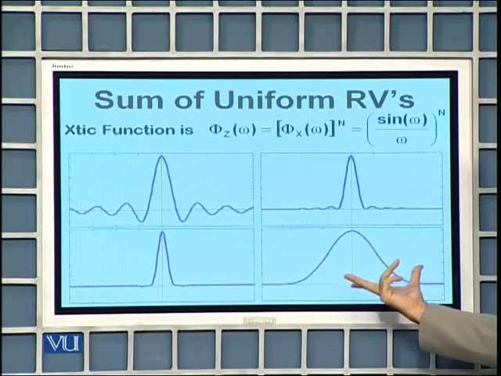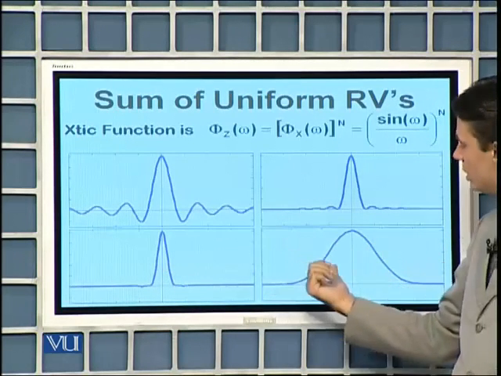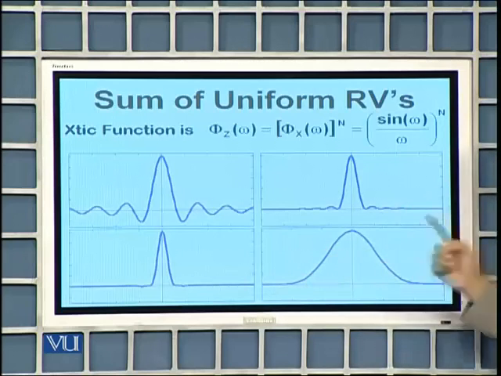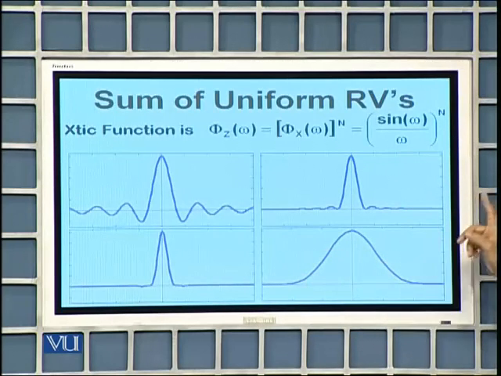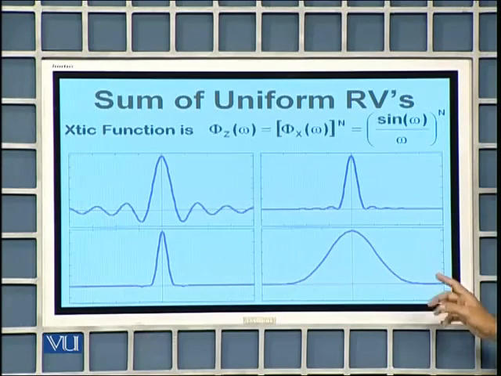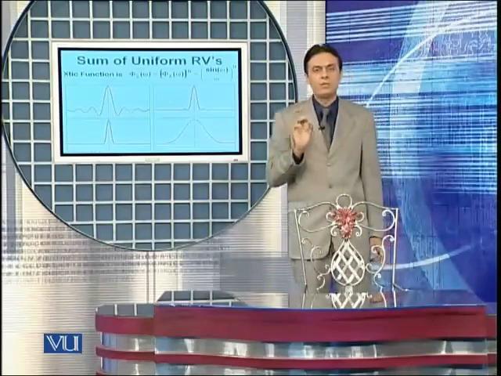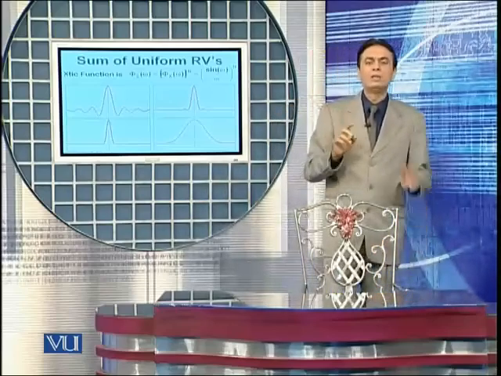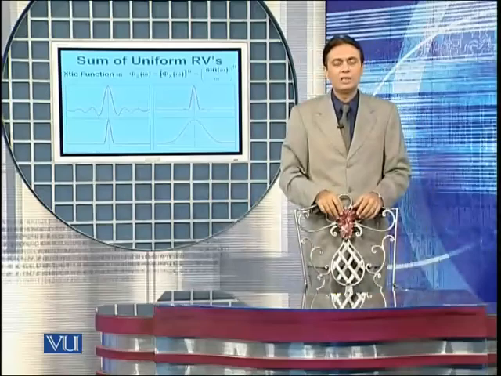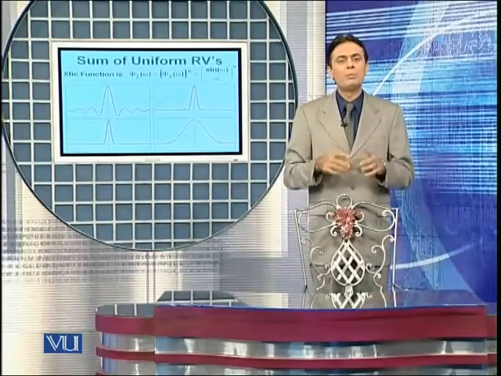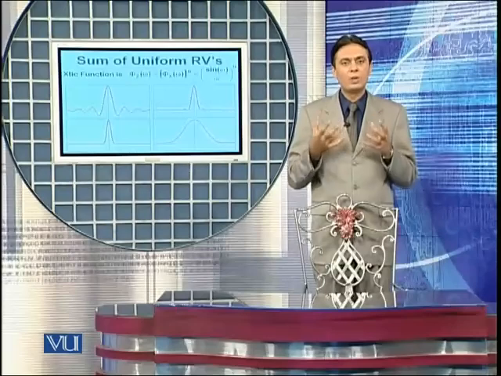So if you look at the expanded version of this plot, which is the shape of the characteristic function of the sum of five uniformly distributed independent random variables, you can have a clear indication that this shape is a bell-shaped curve, and the PDF of the sum of 5, 6, 10 uniformly distributed random variables approaches a bell-shaped curve or a Gaussian distribution.